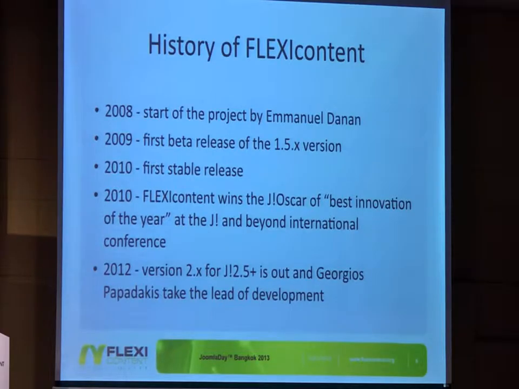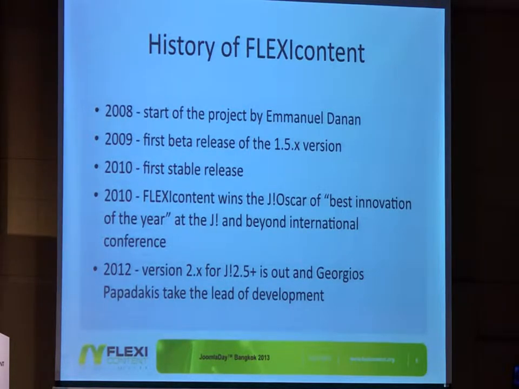So 2009 first beta release, 2010 the first stable release. 2010 was the first Joomla International Conference, not from official Joomla, but from people inside Joomla, which was called J and Beyond, and Flexi Content won the J Oscar for best innovation of the year.